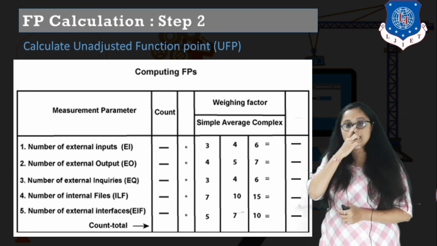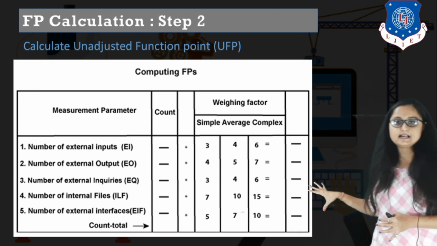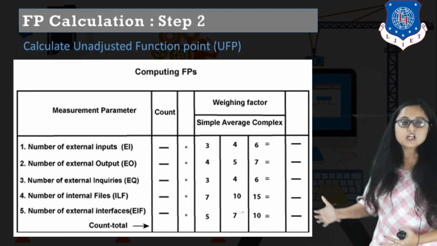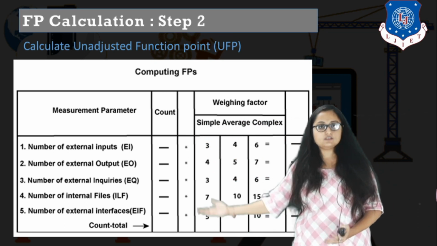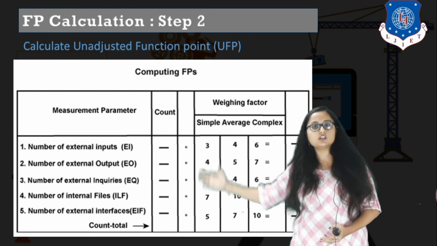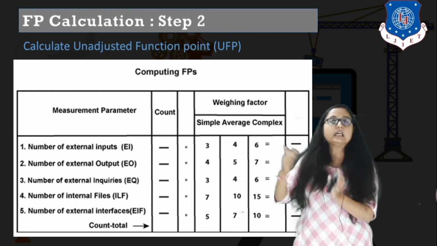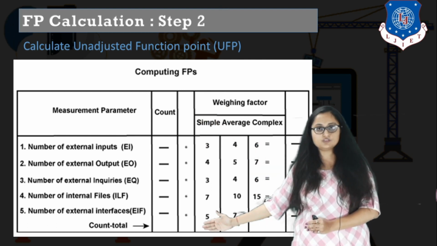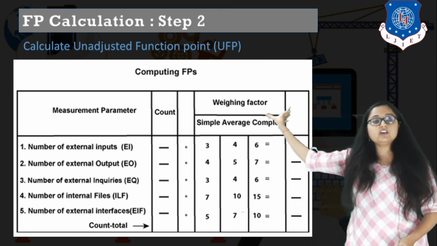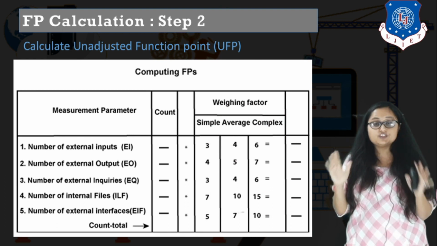For computing UFP, this is a table that we have to follow. Here you can see that the measurement parameters we already have, that is the number of external input, output, all the 5 entities that we have measured in step 1. That count you have to write in the second column, right? So this is the data we have. Now this is the weighting factor which is common or which is fixed.